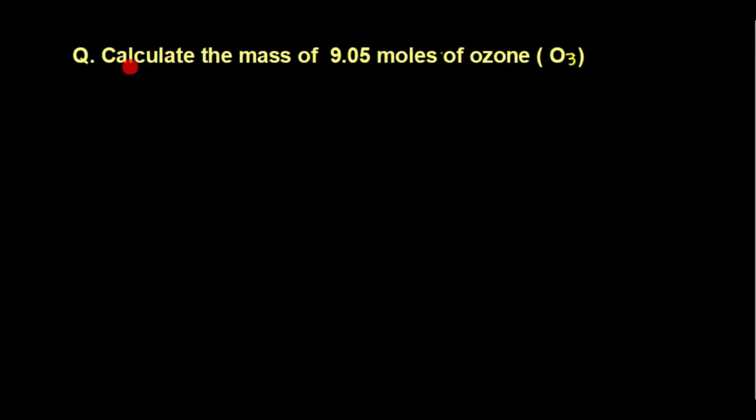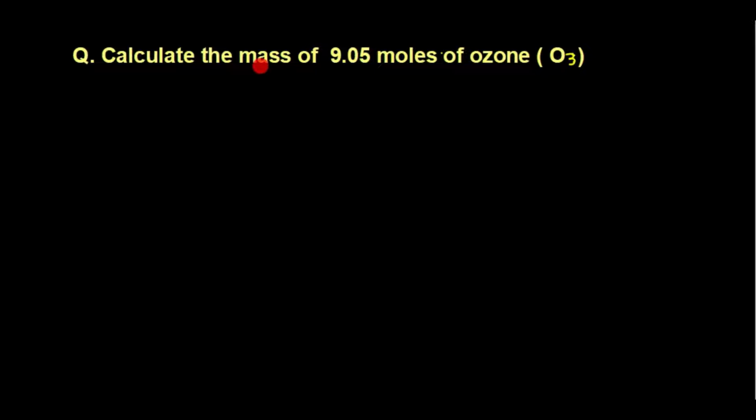In the next question, we are asked to calculate the mass of 9.05 moles of ozone. 9.05 moles of ozone is given to us and we are asked to convert 9.05 moles into mass in gram.